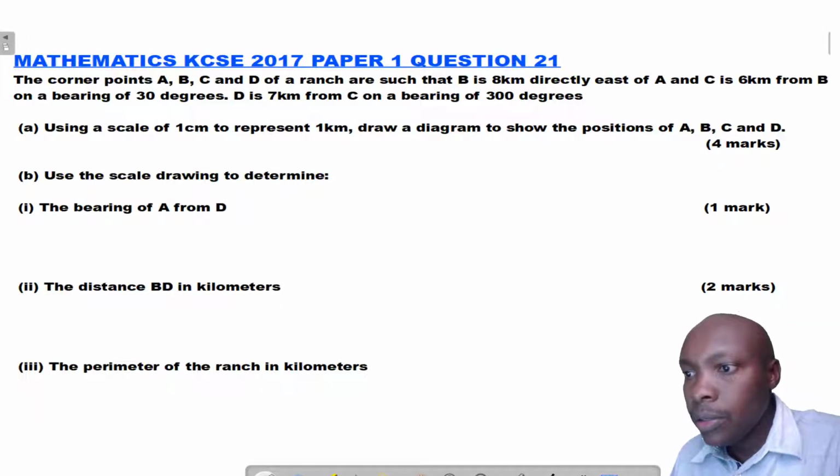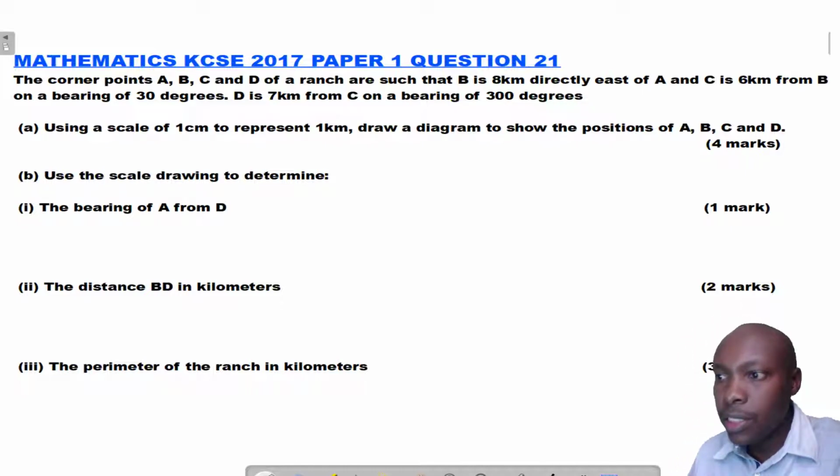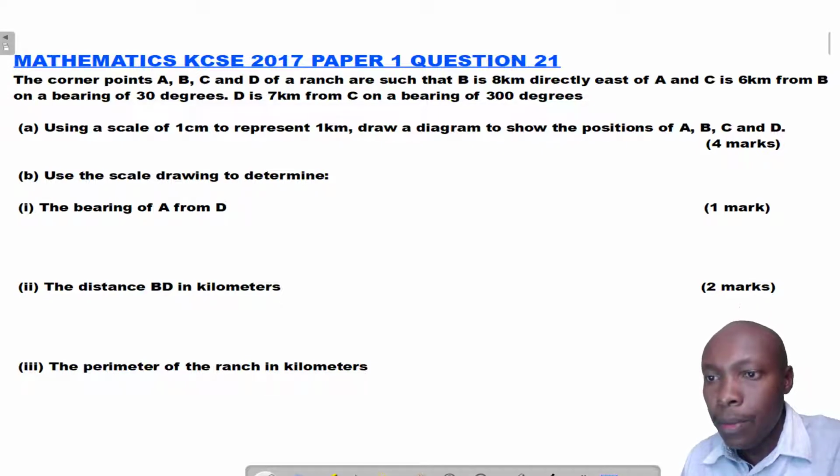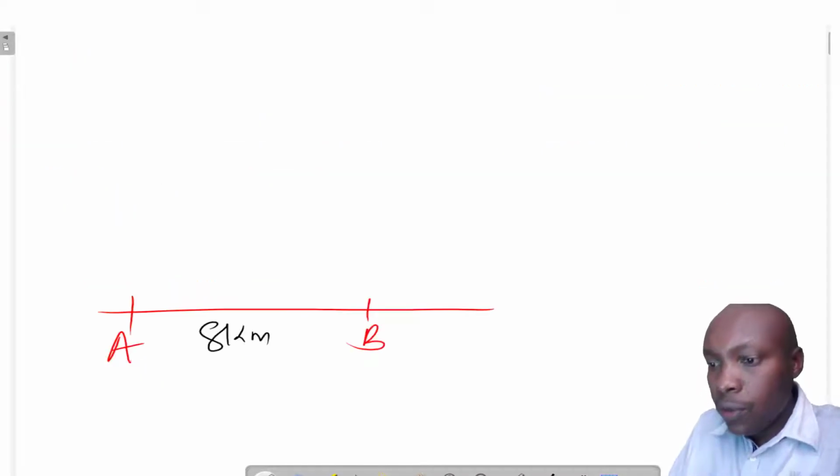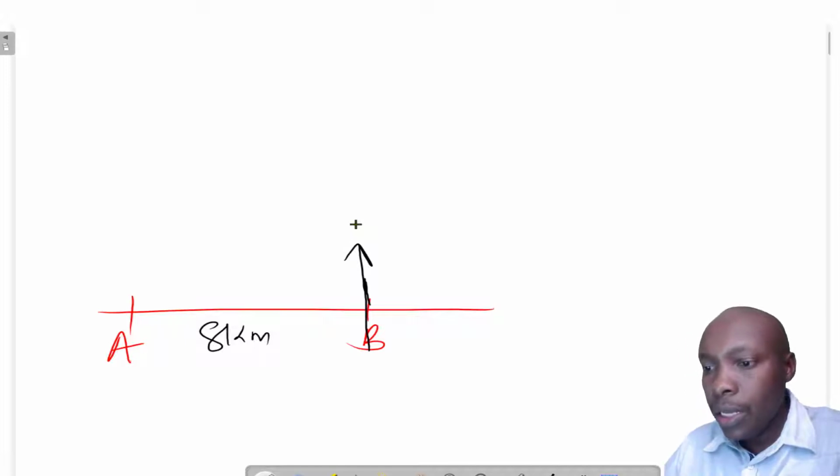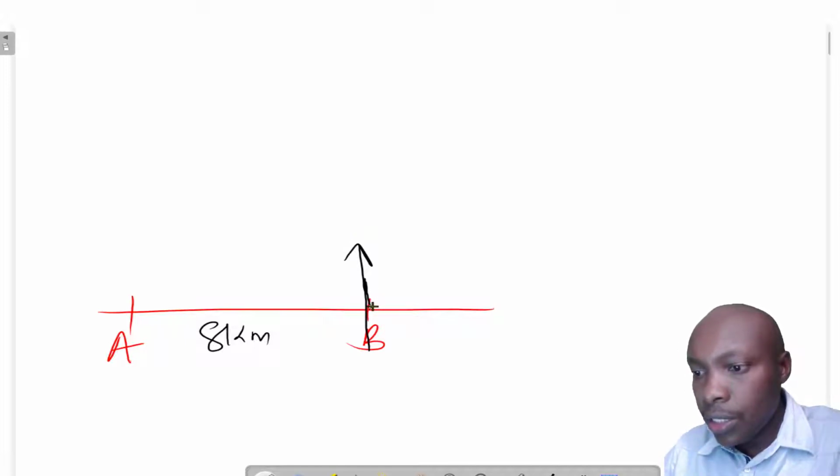C is 6 kilometers from B on a bearing of 30 degrees. So from B, you draw a compass there and measure 30 degrees.